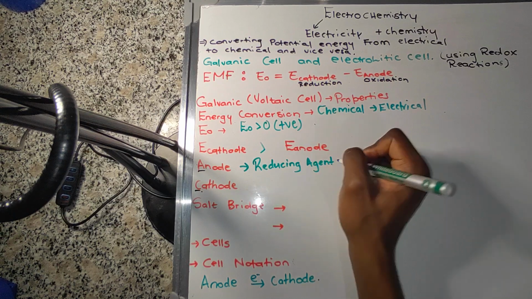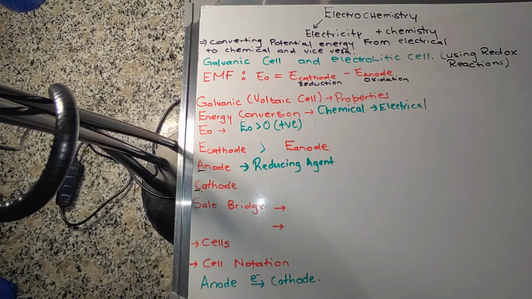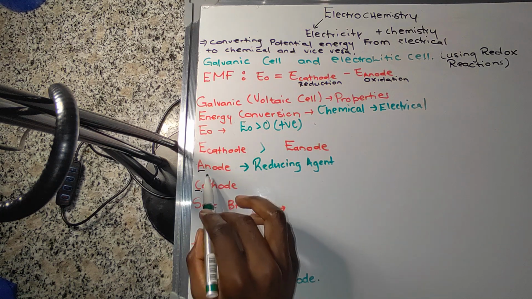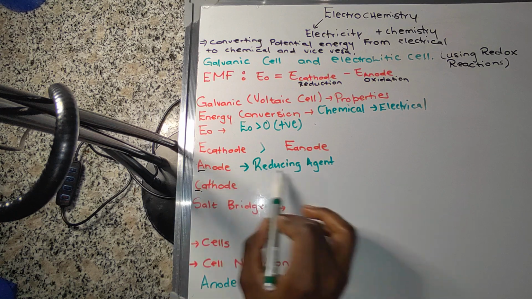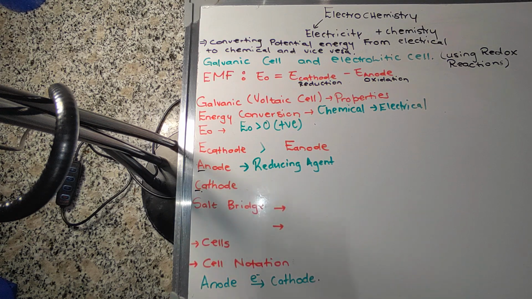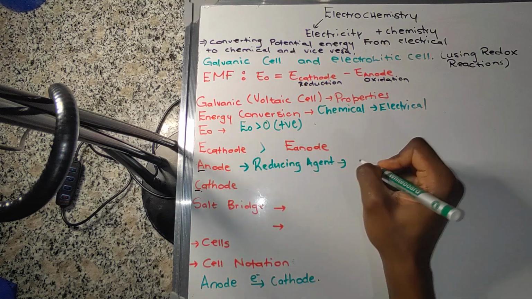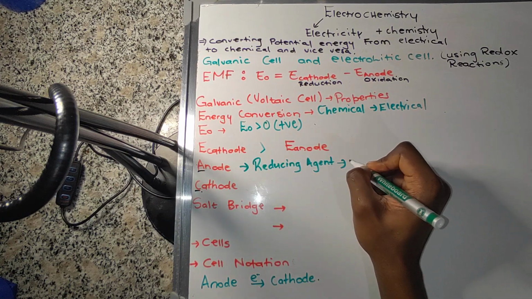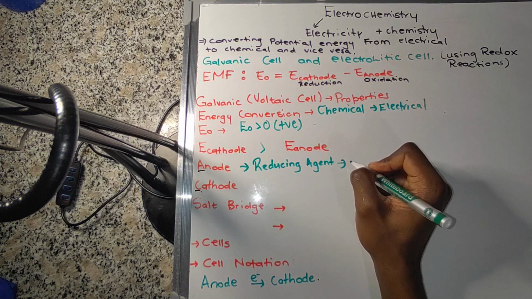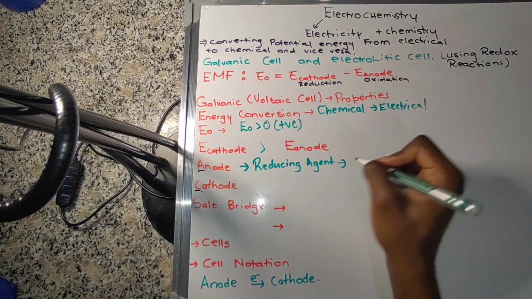An agent is simply someone or something that facilitates a process or an event to ensure that it happens. So now the anode will ensure that reduction happens. Okay, and I need to mention that the anode will simply be the metal that is negatively charged.